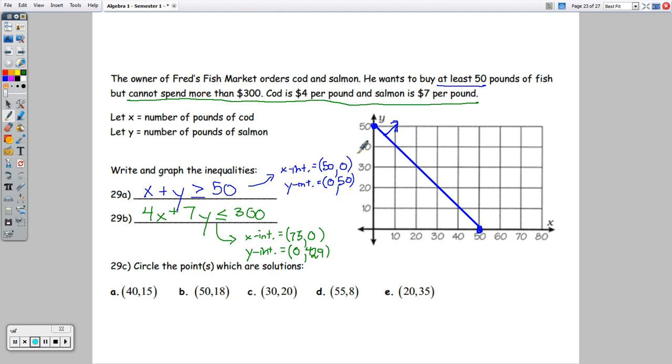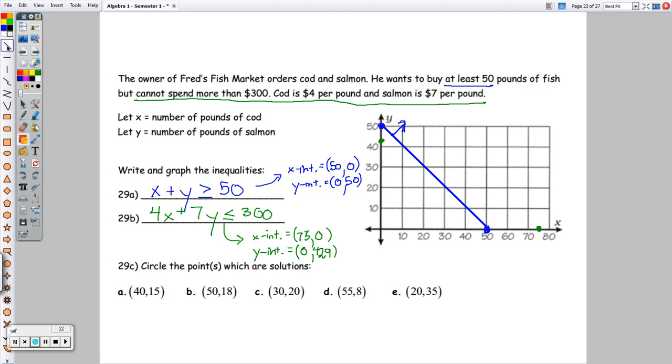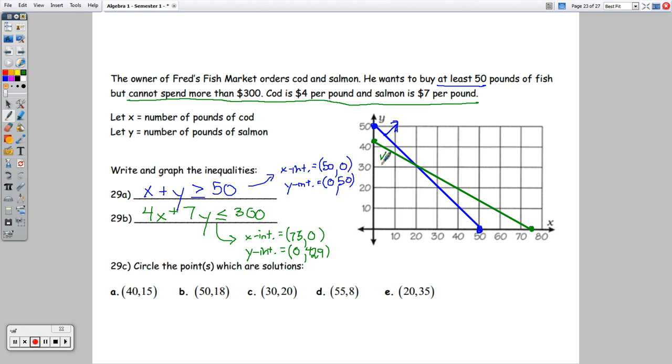So the y-intercept, 42.9, would be right about there. And the x-intercept, 75, 0, that would be right about there. Connect those then with a straight line. And this one we're shading below. We're going underneath there, so we're saying less than.